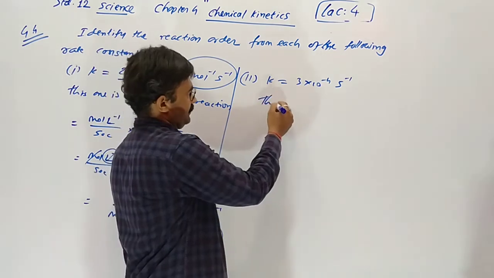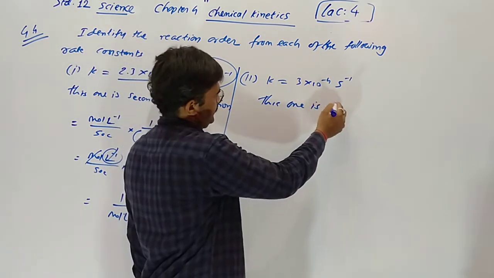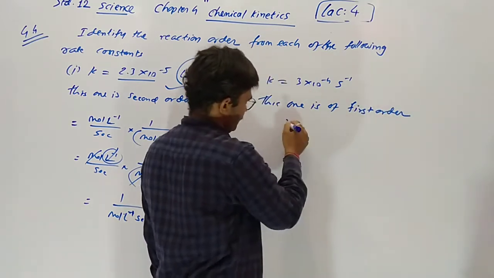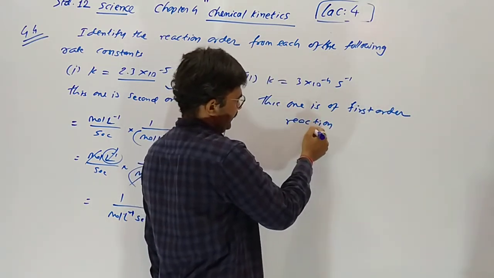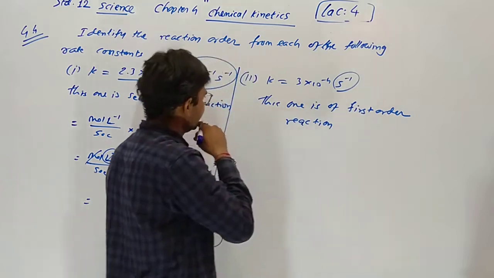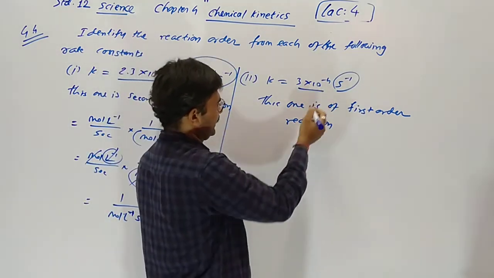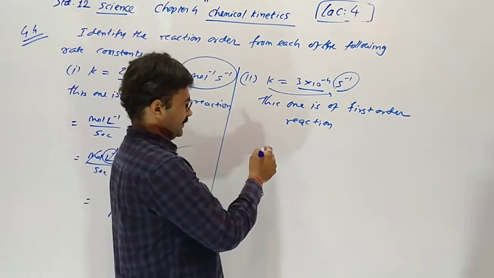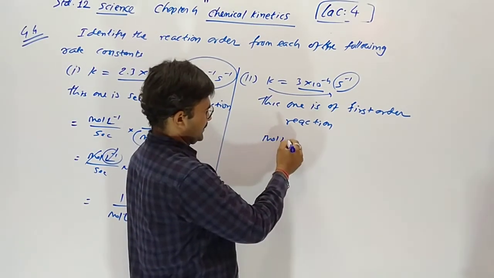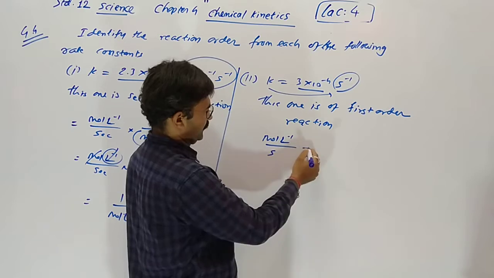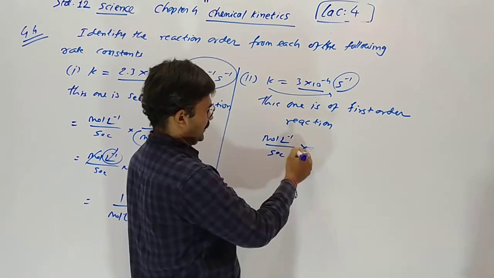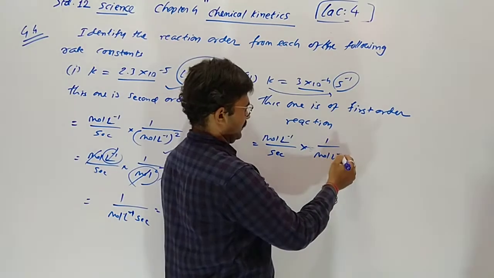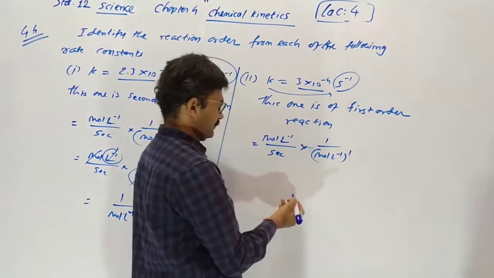Now this one is a first order reaction. How can we say? From the unit, second inverse, not from the value. The unit of K is second inverse for first order. I am giving a proof: mole per liter per second into 1 upon mole per liter raised to 1.